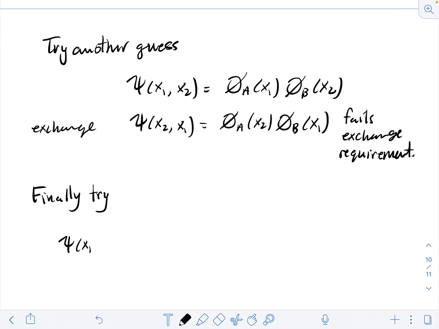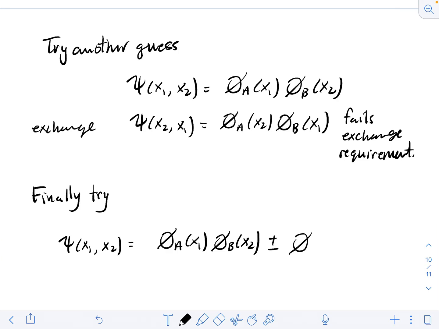So let's write down a two-particle wave function in which we have, in one case, particle 1 in state A and particle 2 in state B, and we'll multiply those two.